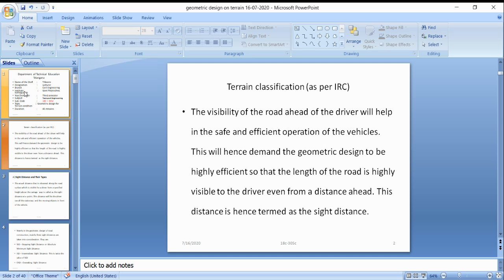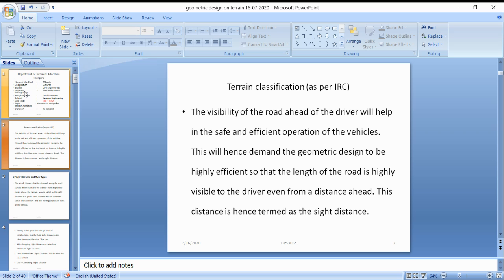If he has to see by coming closer, then the driver will get embarrassed or panic at the time of coming closer and seeing the danger.